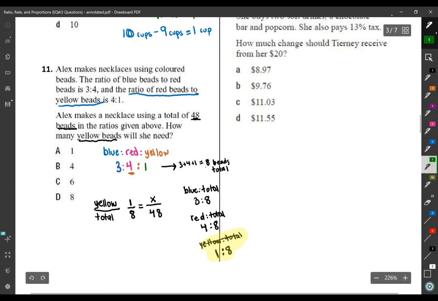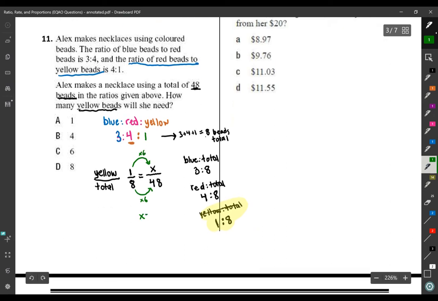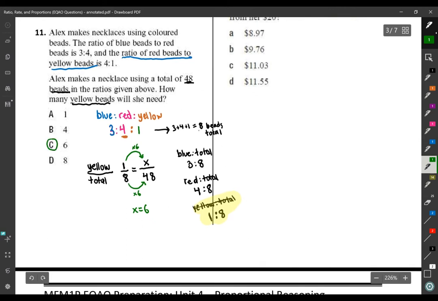Going from 8 to 48, I'm multiplying by 6, so I must have the same scale factor above. So x is going to be 6. In a necklace with 48 beads, I'm going to need 6 yellow beads.